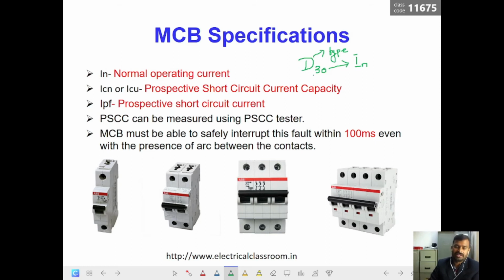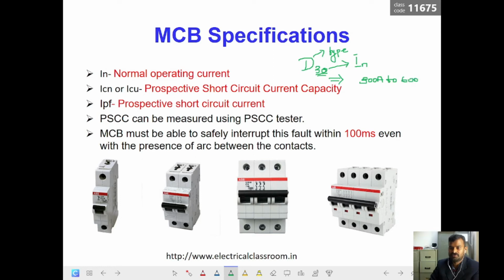If the load current exceeds this 30 amperes, it is considered an overload condition, and then it will trip. For this D30, the trip range will be from 300 amperes to 600 amperes.